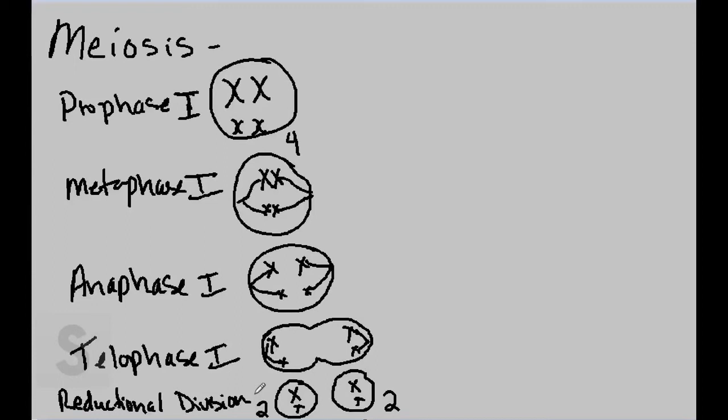You start out with 4 in this example and you end up with 2. Then each of these daughter cells is going to undergo a second round of meiosis, known as meiosis 2. The first part is known as meiosis 1, and the second one is meiosis 2.